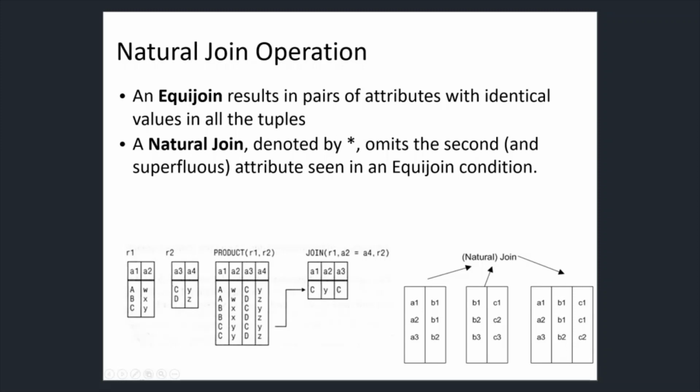So looking at or returning to our very basic example, R1 and R2, when we do a join on Y, the resulting relation only has 3 attributes or columns rather than 4 columns.